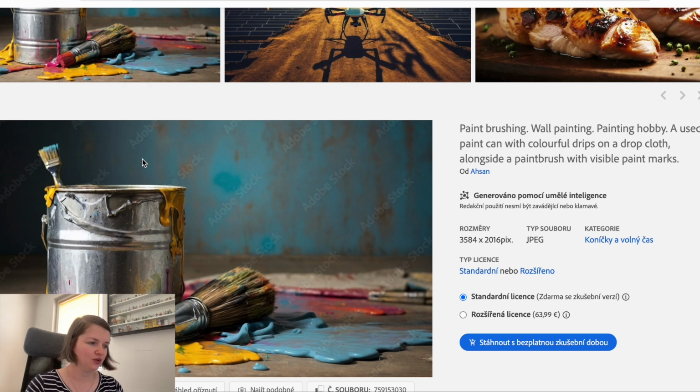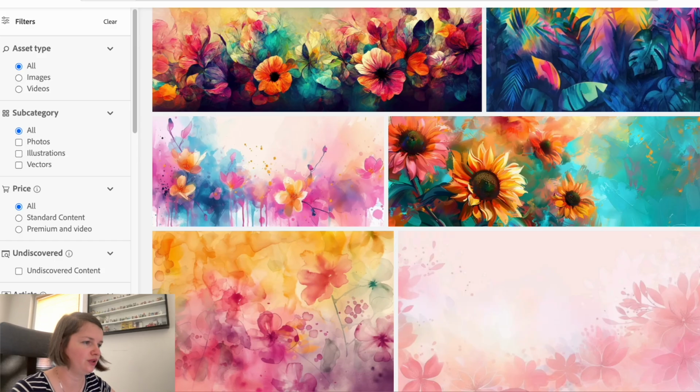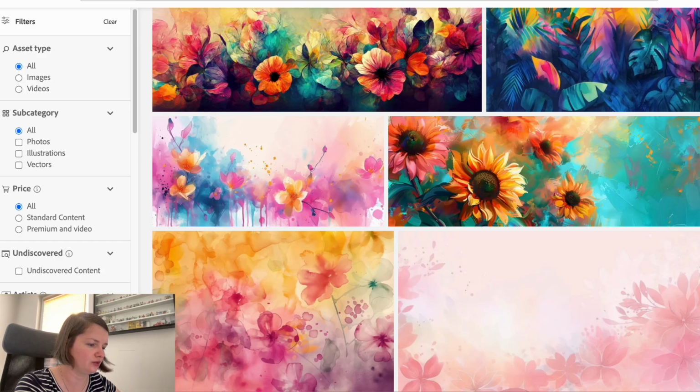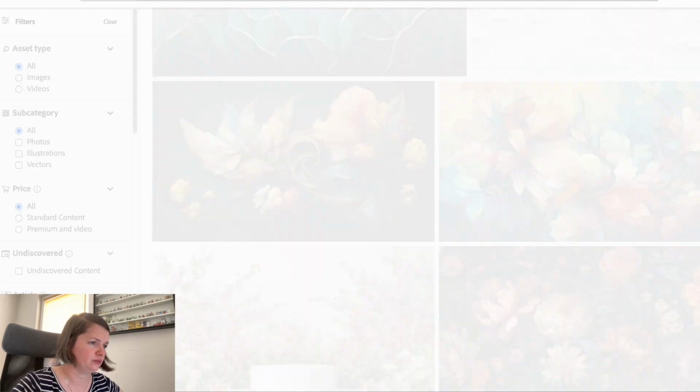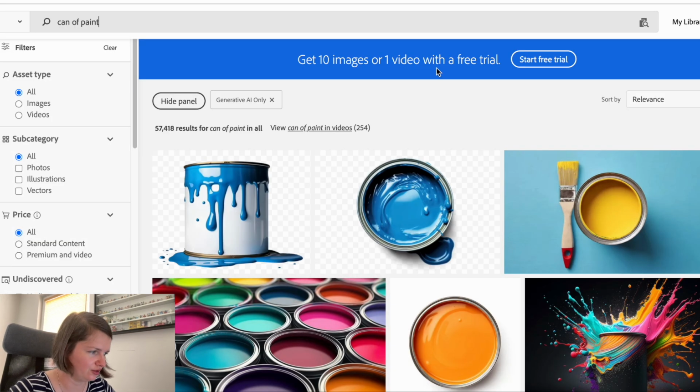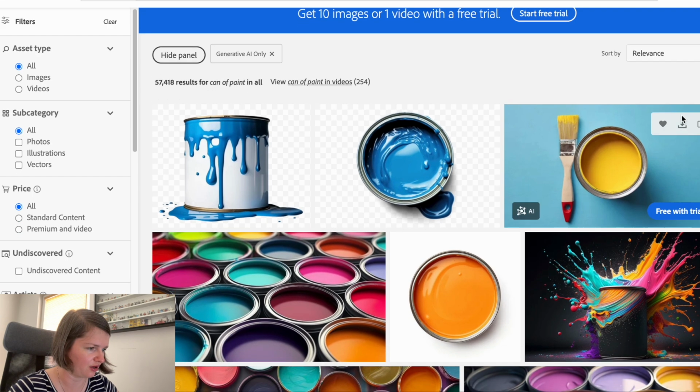You should get what's on it right away. I will try and search for the paint. I have only the generative images filtered, but this is enough for me to show.